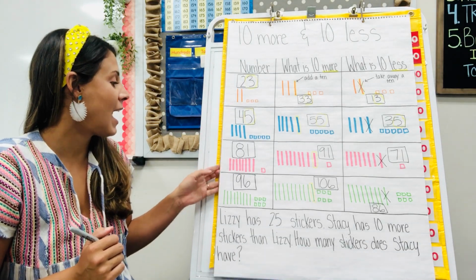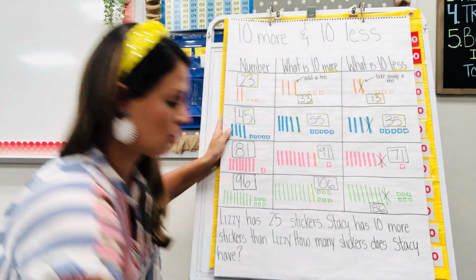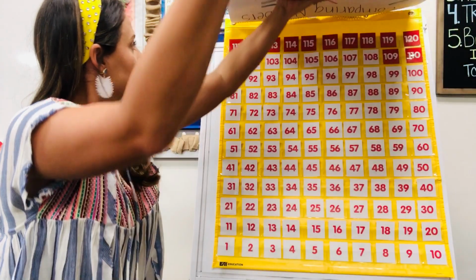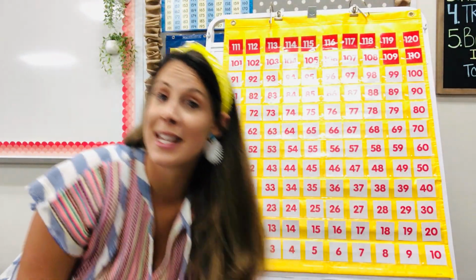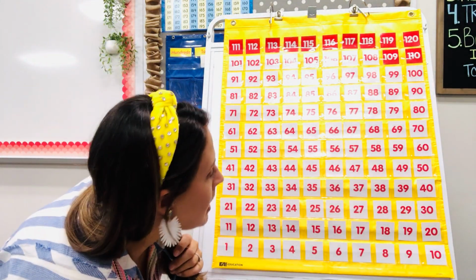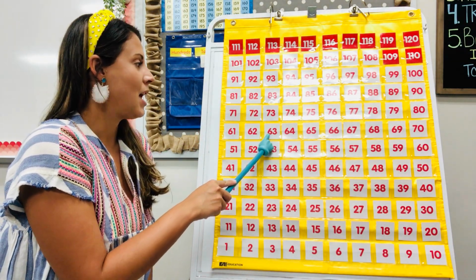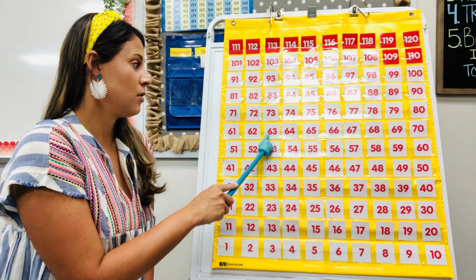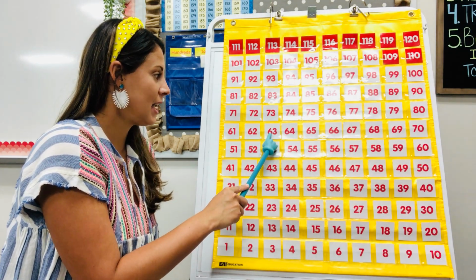Now, if you have your hundreds chart in front of you, your 120 chart in front of you, I'm going to show you how you could use that to help you figure out what 10 more and 10 less is. So, if I have the number 63, and I want to know what 10 more is, all you have to do is go up 1 because we're adding 10.